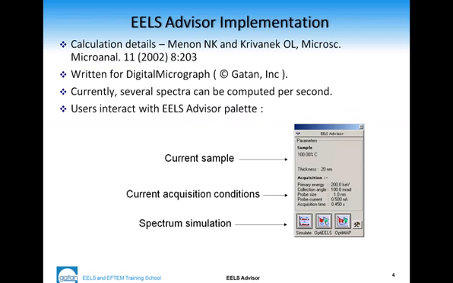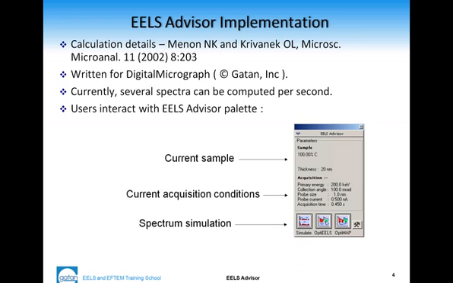The calculation details for EELS Advisor are given by this reference from a paper over 10 years ago. Basically, the foundation of the software is being able to synthesize various components of the spectrum, from the low loss, the zero loss, plasmon, and core edges, and piece together these components to yield a complete spectrum that is representative of the system.